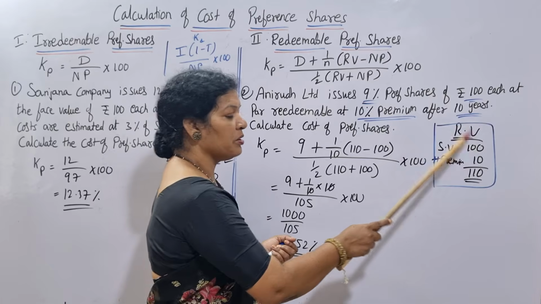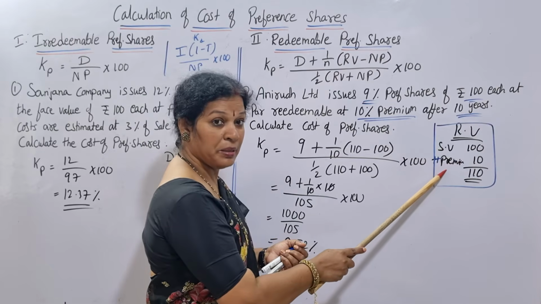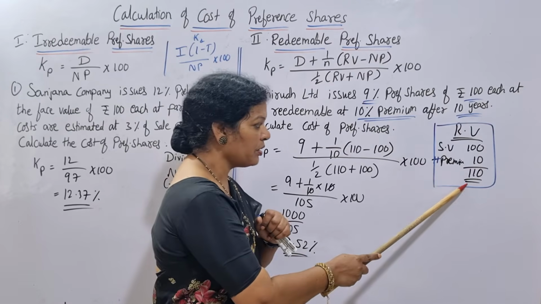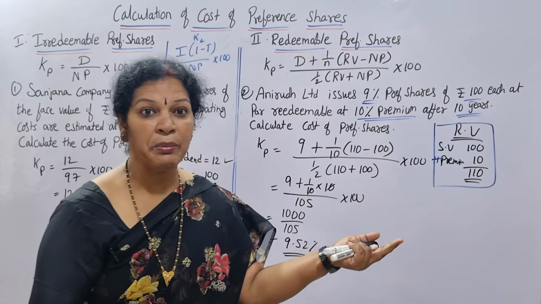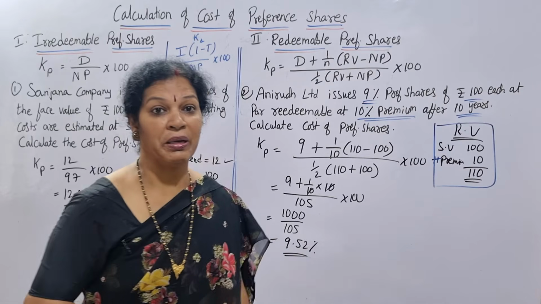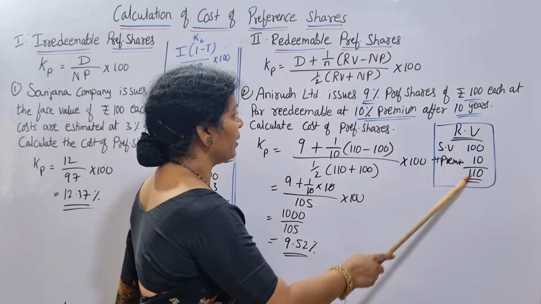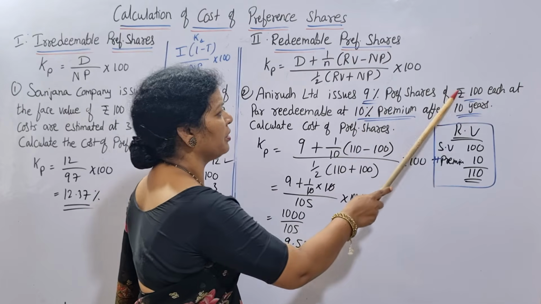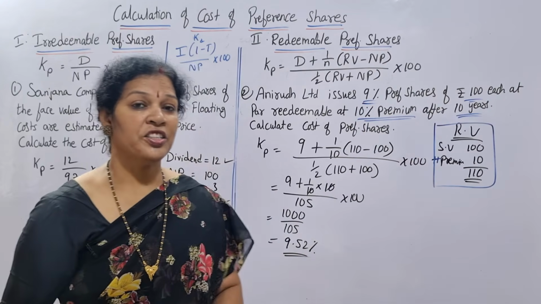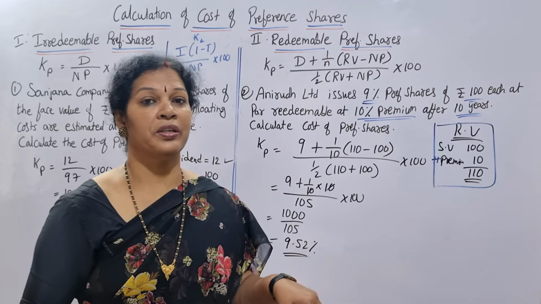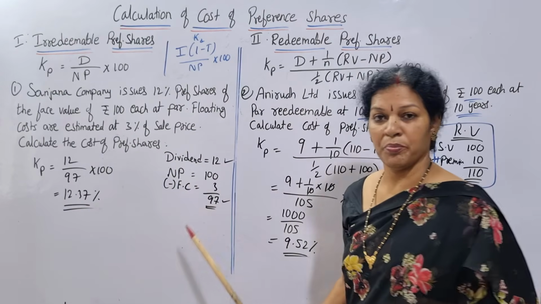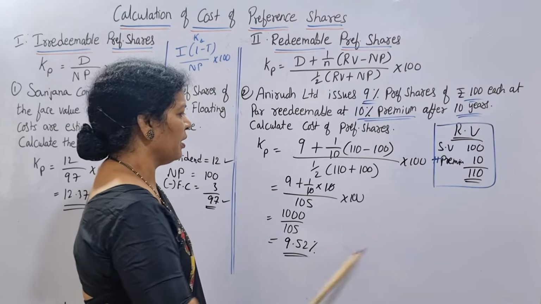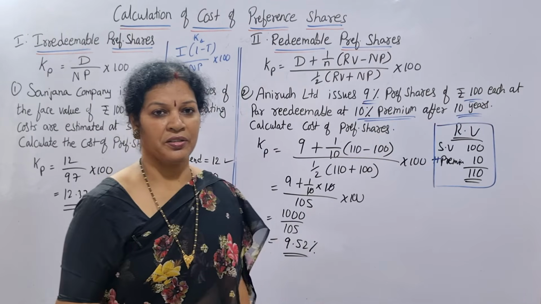The share value is 100, and a 10% premium is added at the time of maturity, so the redeemable value increases to 110. Net proceeds are 100 only. If any charges were given, we could have deducted them like in the previous problem, but no charges are given, so we took 100 only. Applied in the formula, we got the answer.